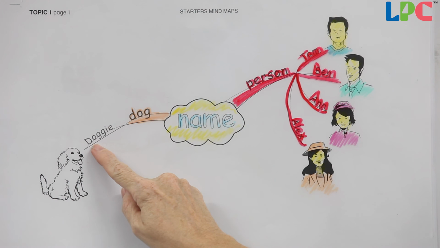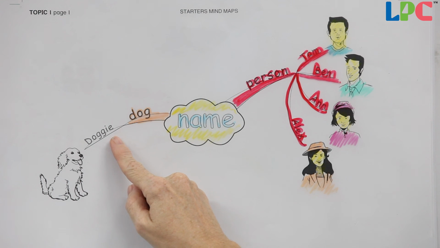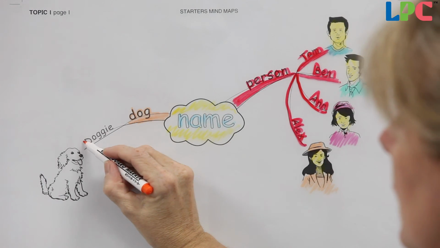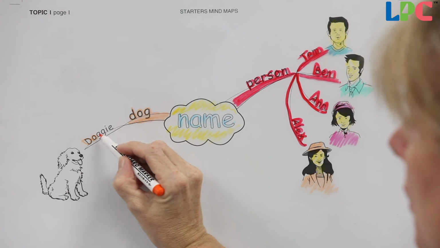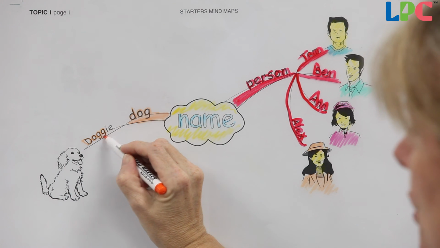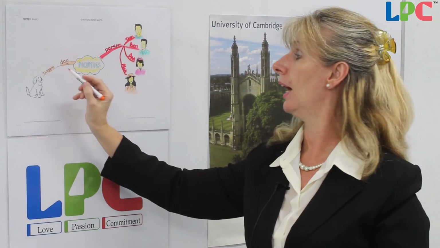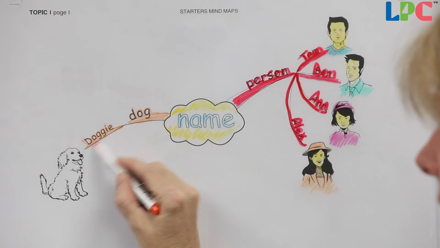Look. Doggy. With your orange pencil, write doggy. D-O-G-G-I-E. Doggy, and colour orange.